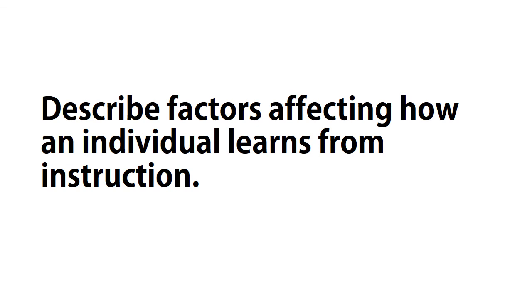You probably already know this, but let's just talk about it. Okay. So here are some factors that, these are not all the factors that influence and affect how people learn from their environment, but it is some important ones. Now, the first one, cognitive abilities and developmental level of the learner.